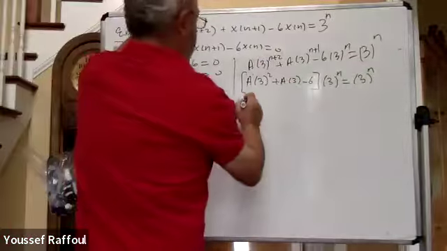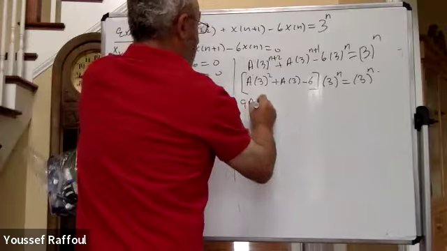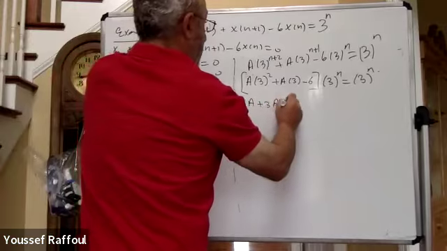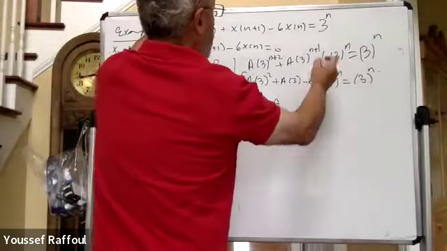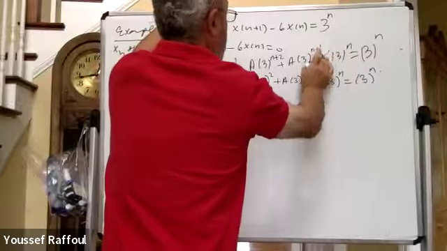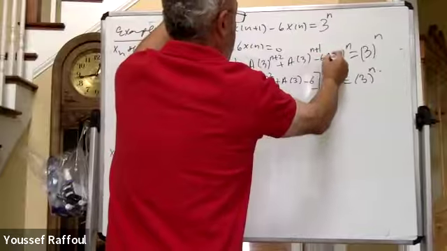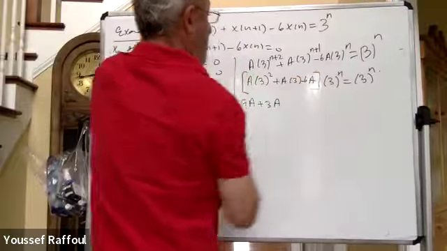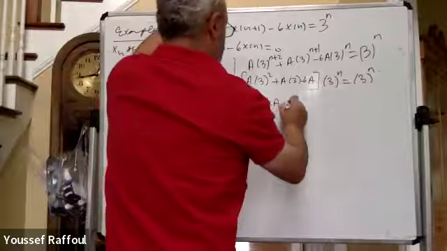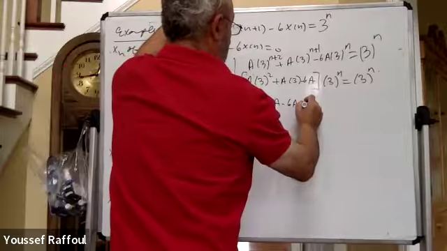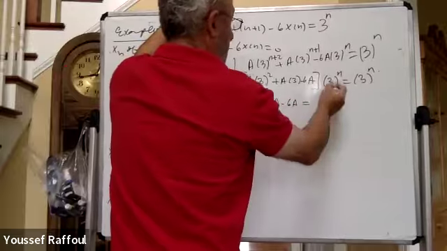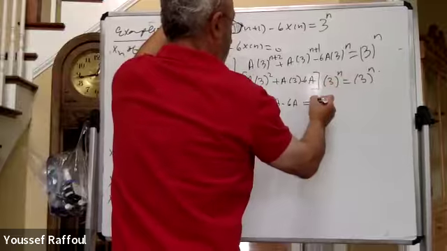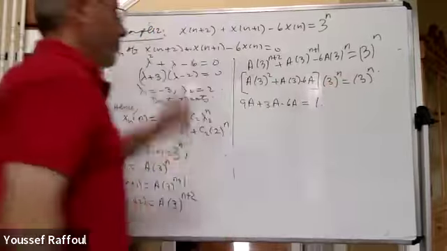Divide by 3 to the power n, you get 9a plus 3a minus 6a equals 1.